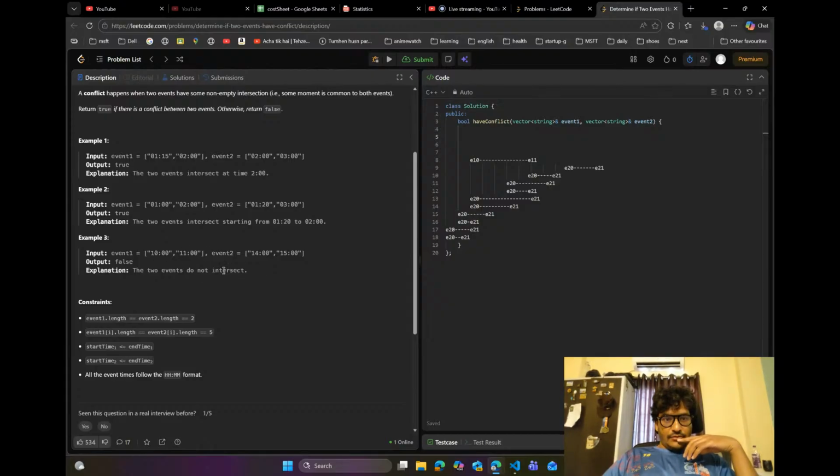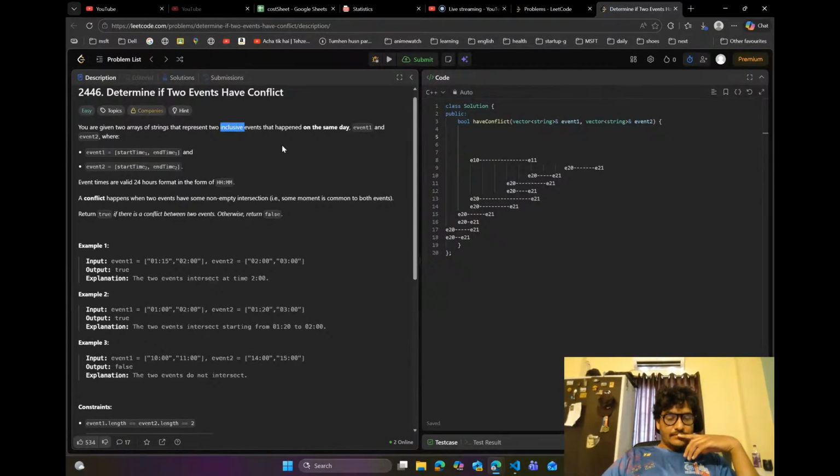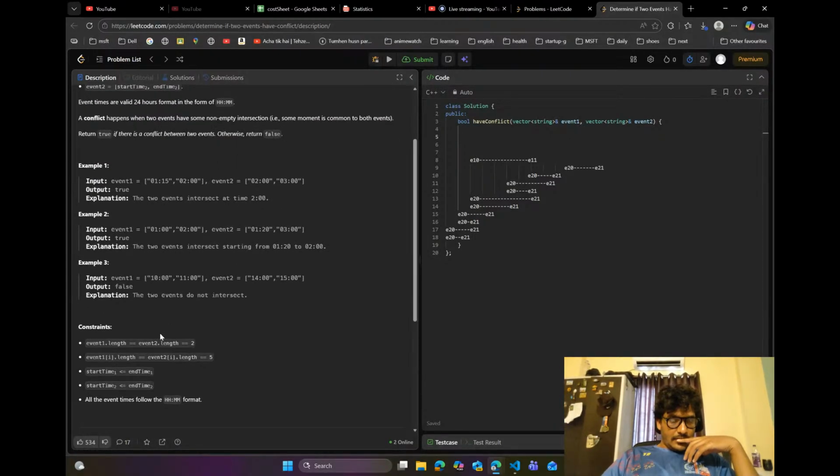They do not intersect and they're not inclusive events. Or maybe what they mean by inclusive event is the end thing, it's already included, and you're given that start time can be equal to end time as well.